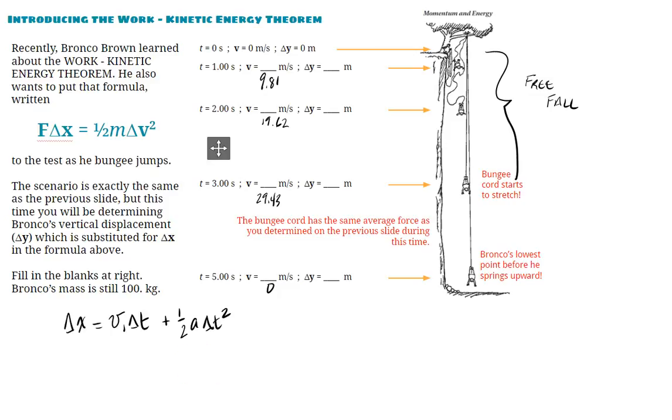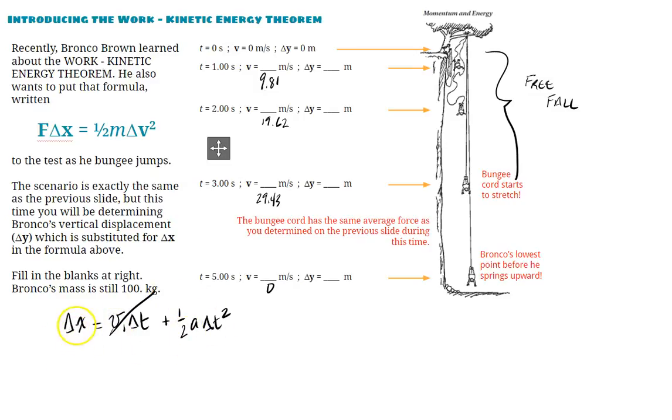So the master motion formula is the one that you want to use for this, which I've written out right here. And in this case, you have to remember that the initial velocity, as it says right here, is 0. So this term goes away. So we're left with this.